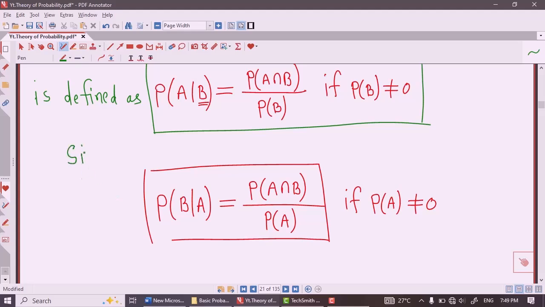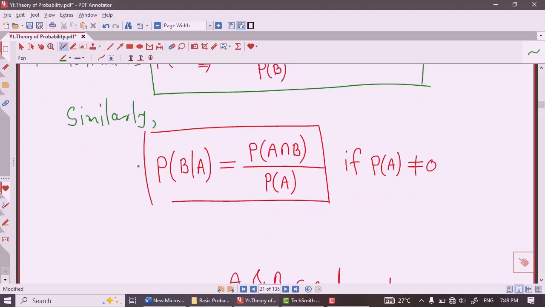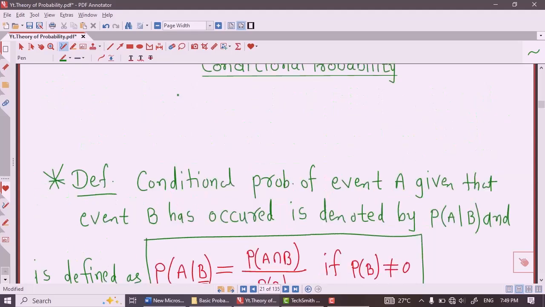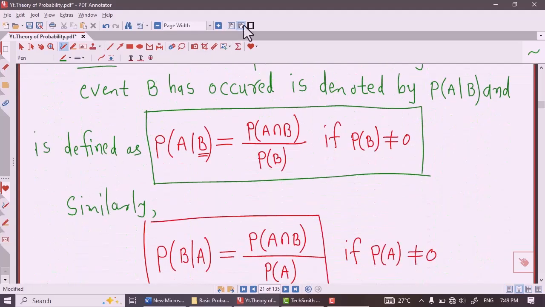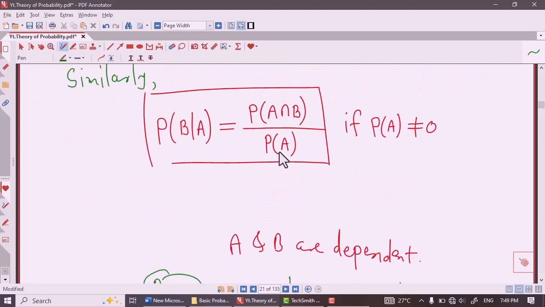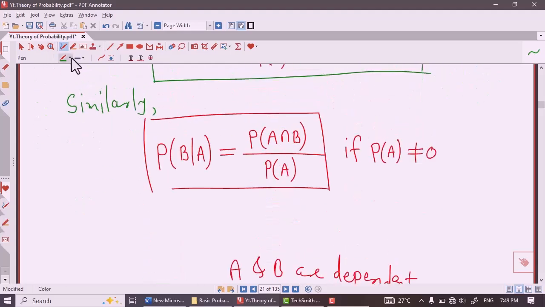Similarly, this is the conditional probability of B given A. This can be defined. So whenever we have dependent events, in that case we will have conditional probability.